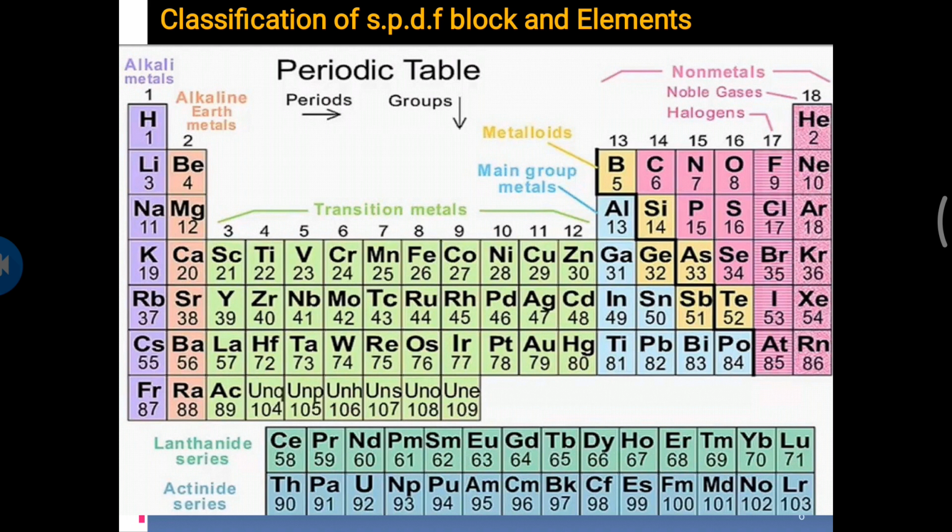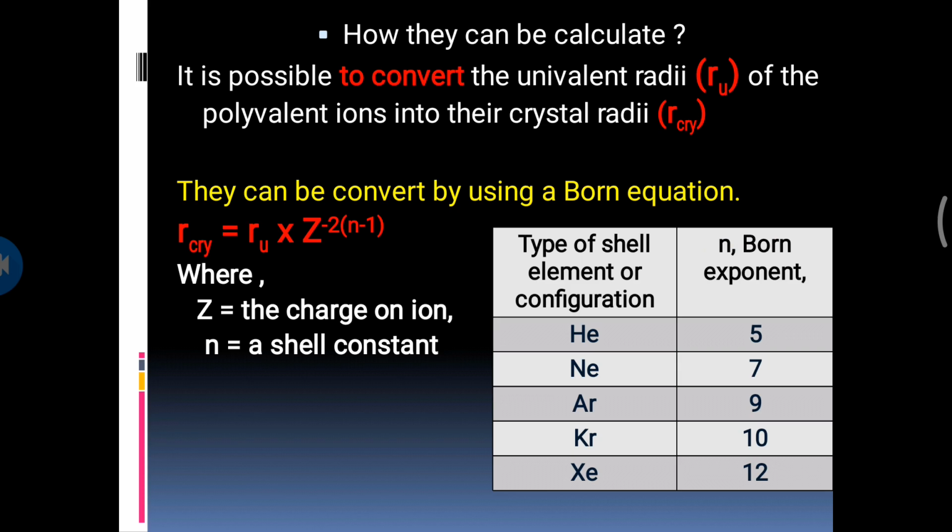At that time we use a Born exponent of 7. For example, lithium loses one electron to form a lithium plus ion, and this lithium plus ion's electronic configuration is helium-like, and for helium-like the n value is equal to 5, like this.